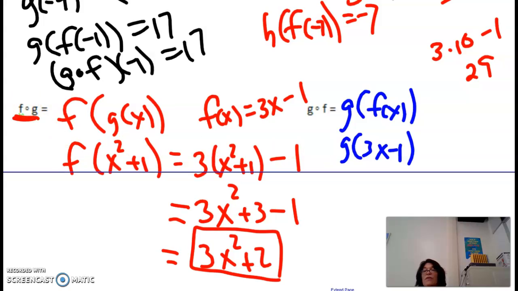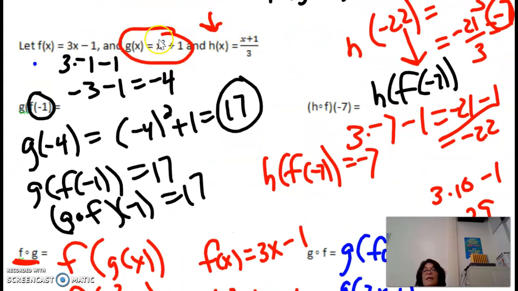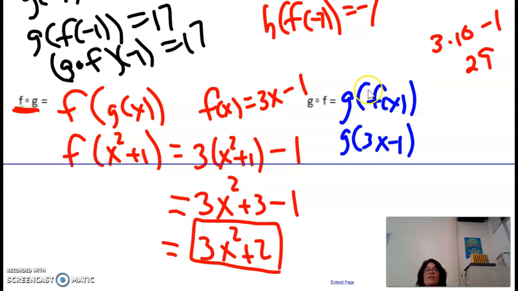Let's remember what the g function told me to do. It said take what's in the parentheses, square it, and add 1. Okay, g of x is x squared plus 1. So g of 3x minus 1 means take the 3x minus 1 and square it, right?